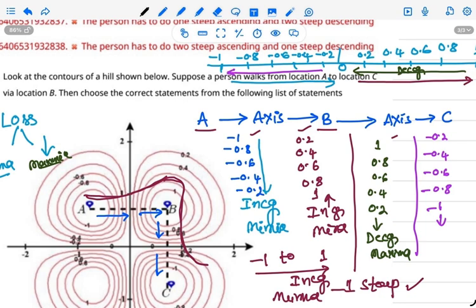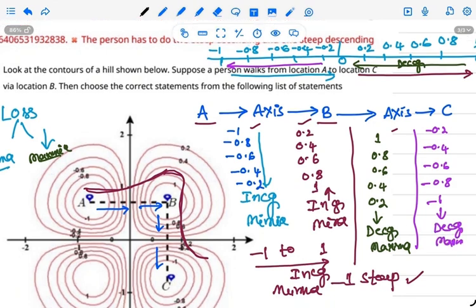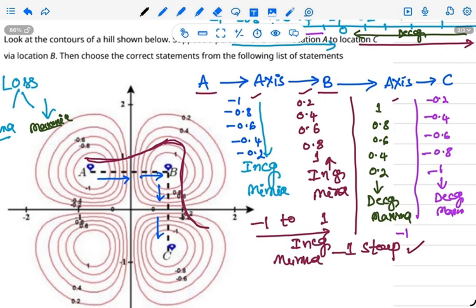These values are also decreasing. Moving to the right side, these values are decreasing. So decreasing, this is also maxima. So completely, +1 to -1 is decreasing. That is one step maximum. So completely and continuously these are decreasing. There are no breaks. This is one step.